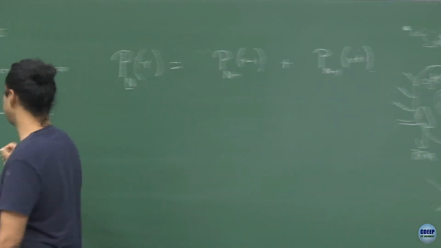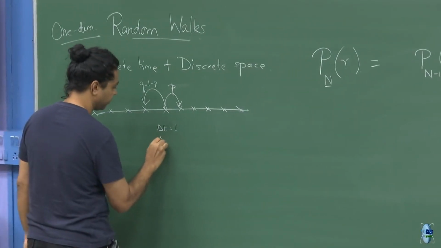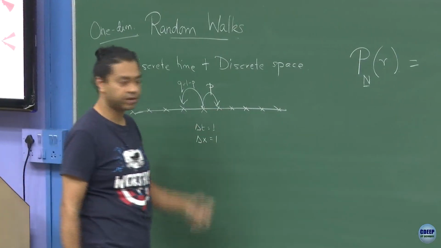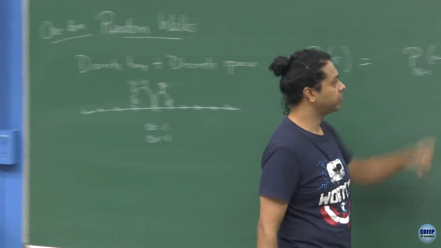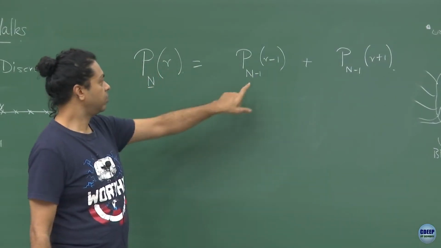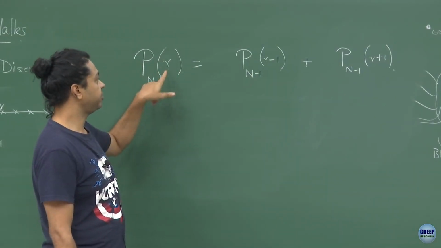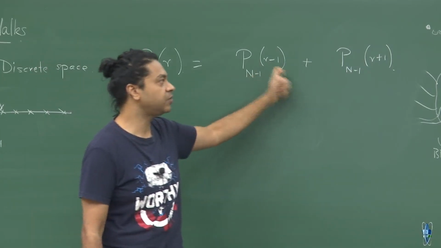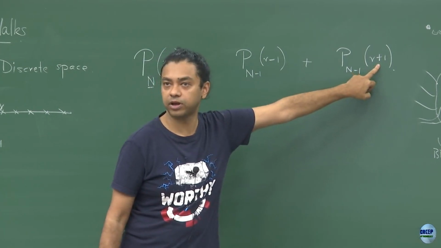I've said that these delta x's are also 1, so whenever you hop one time, one step, it is 1 unit of space. So at the n minus 1th step, it could have been at r minus 1 or at r plus 1.